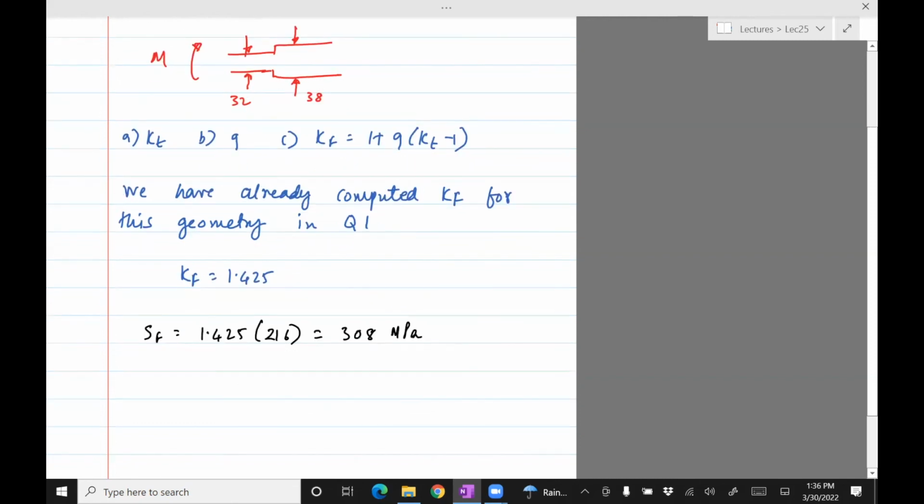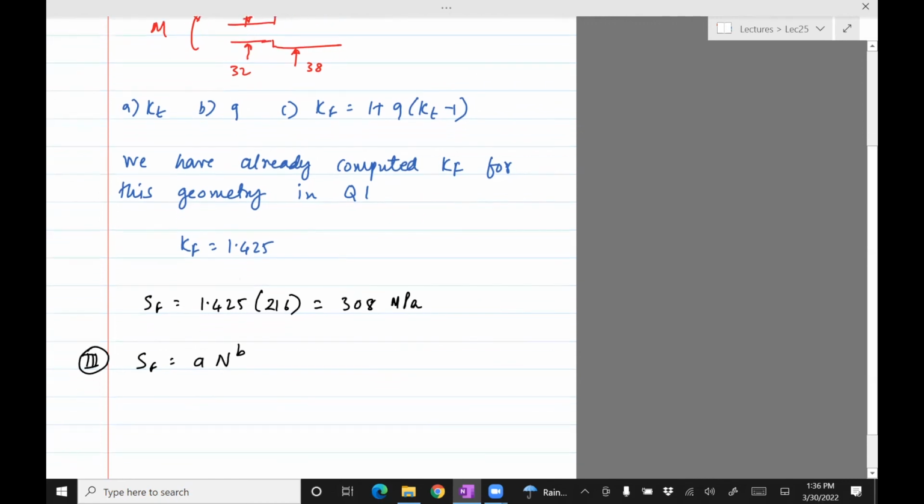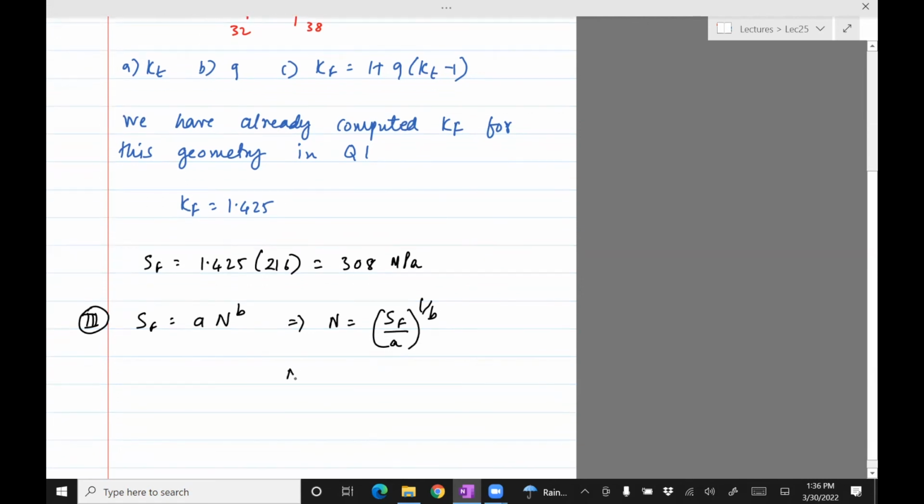Okay. So step 3 is the final step. SF is A N raised to b. N is SF divided by A, raised to 1 divided by b. And so I'm just going to get SF from here, 308 from top. And then A was computed at the end of part 1. So that's going to be 1564.